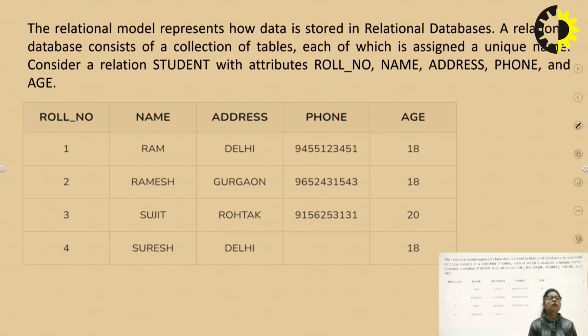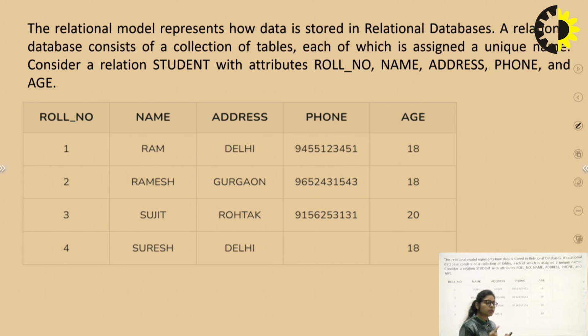A relational data model consists of a collection of tables, each of which is assigned a unique name. Now consider a relational table named student, whose attributes are roll number, name, address, phone number, and age. Previously, I already mentioned that this table is related to students' information.